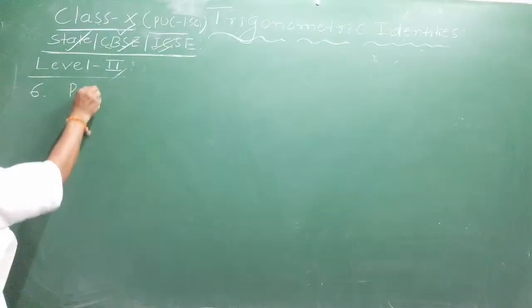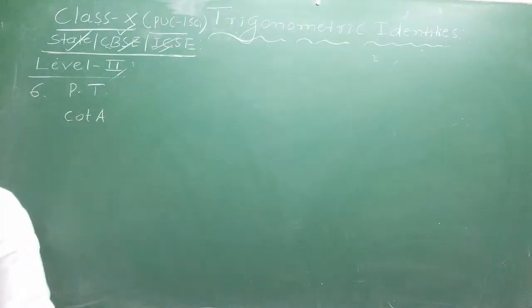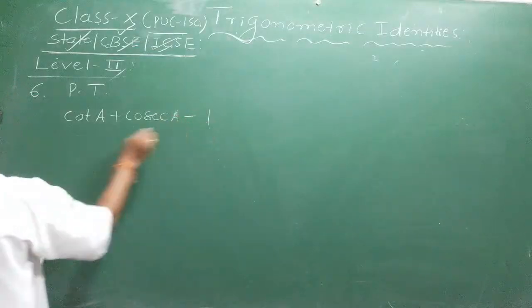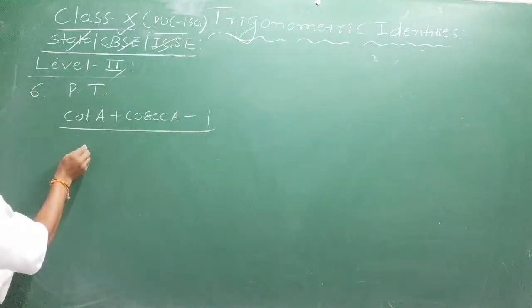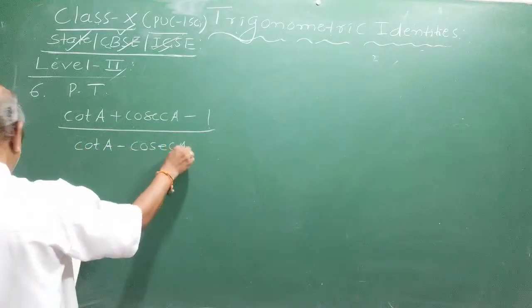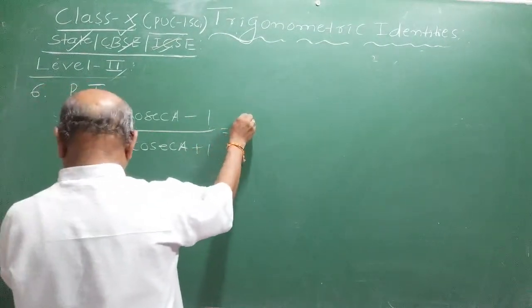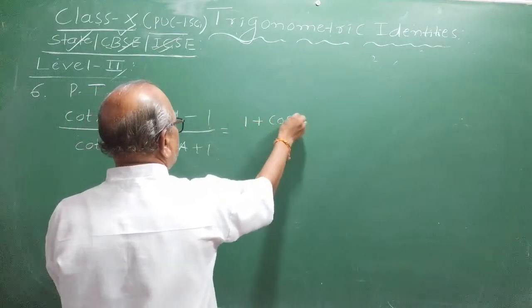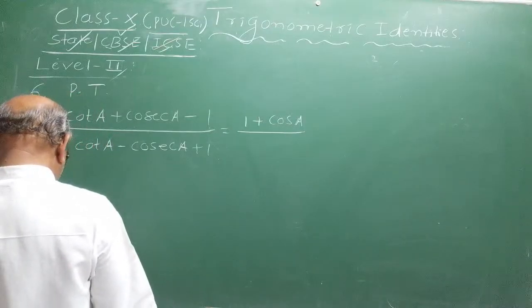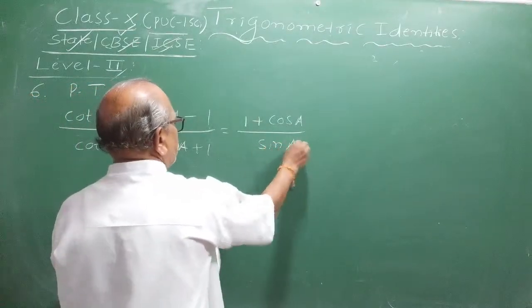Prove that (cot A plus cosec A minus 1) divided by (cot A minus cosec A plus 1) is equal to (1 plus cos A) upon sin A. Try this.